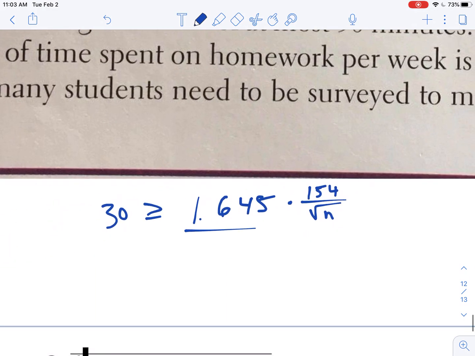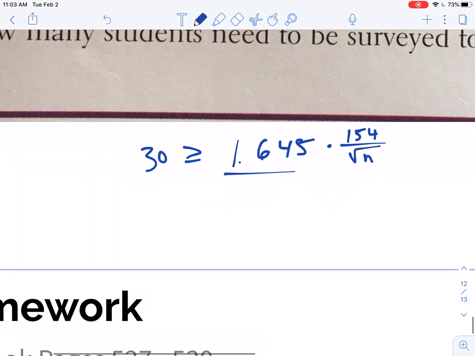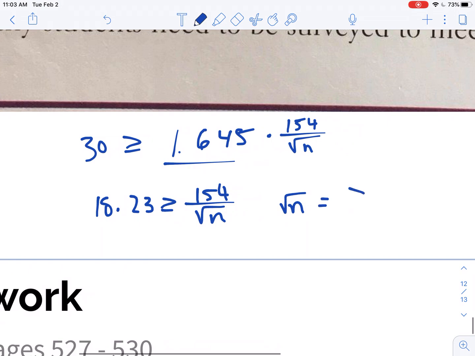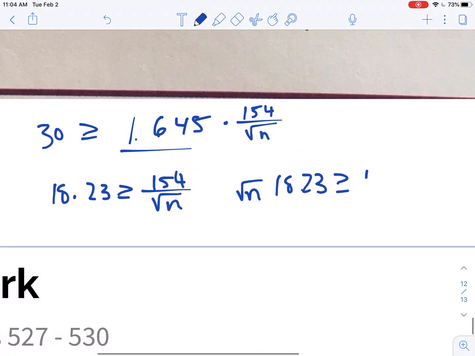So now I can go through and solve this inequality. I've got 30 divided by 1.645. So now I know that 18.23 has got to be greater than or equal to 154 over the square root of n. Multiply both sides by the square root of n. So that's the square root of n times 18.23 greater than or equal to 154.